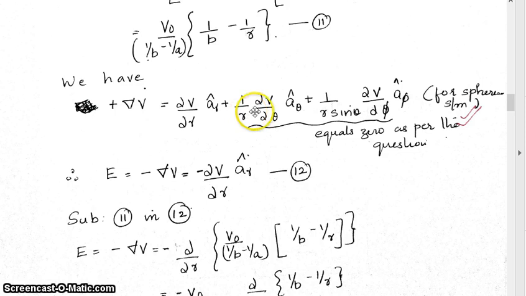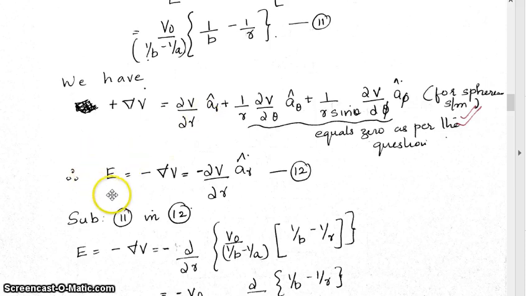And as I said earlier, the second and third terms will be equal to 0, because in the question it is given that the value of v is varying only with respect to r. So finally I can write del v is equal to dou v by dou r into unit vector ar.